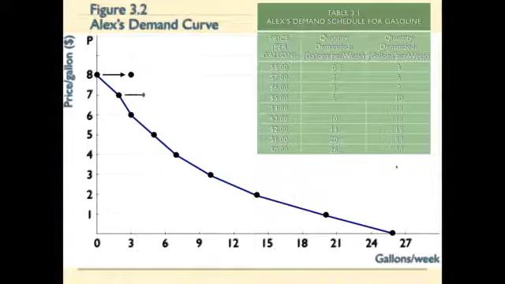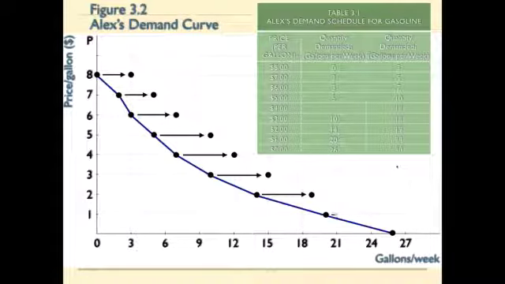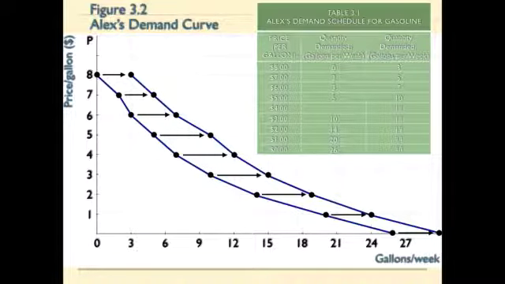So you can see that every single one of the quantities is increasing for every price. So for every price, the quantity demanded is increasing for Alex because of this change in demand. And if we connect those points, we can see that the demand curve has shifted to the right.